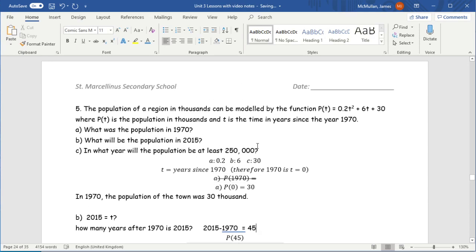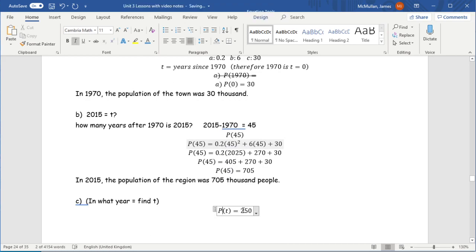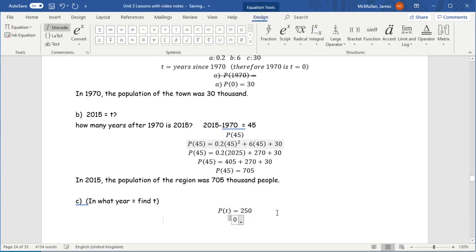Now again, don't write 250,000 because the population function already measures thousands. It's the population in thousands. So if I want to know when the population is 250,000, I want to know when my function is equal to 250, right? So 0.2t squared plus 6t plus 30 equals 250.